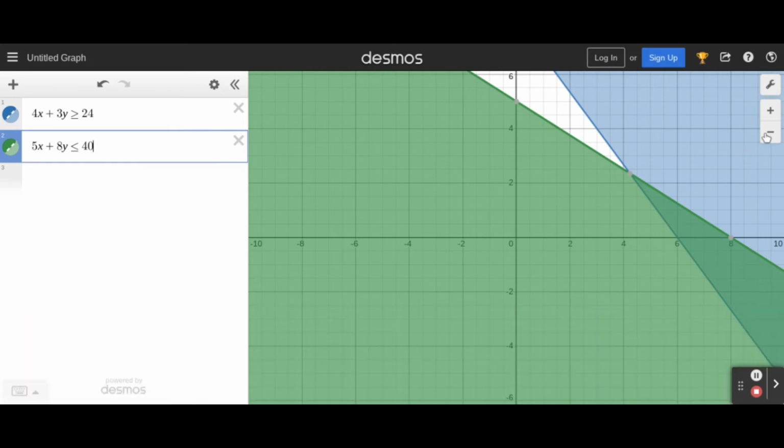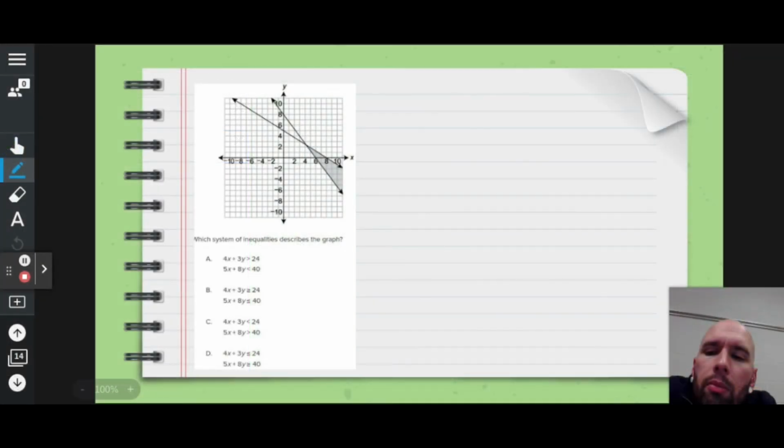Yeah, I got my intersection right there, and here's my double shading. Oh, I like it. So it's B. Hooray. All right, whatever Desmos said, I believe it. I believe Desmos with every inch of my being.